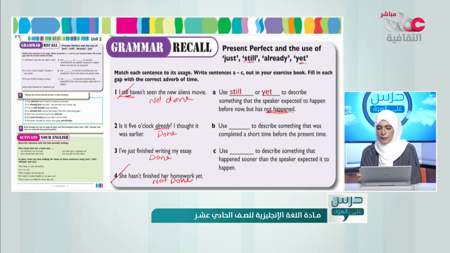Use to describe something that was completed a short time ago. We said that already and just mean completed actions, things which are done. But just means short time. So just will be in this place. Use just to describe something that is completed a short time before the present time. And the last one will be already. Use already to describe something that happened sooner than the speaker expected.